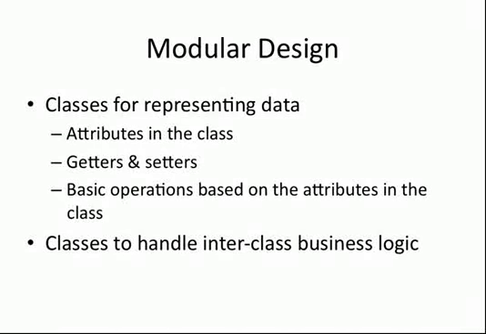We would have some getters and setters in these classes so that we can access these attributes. The third thing is that we need some basic operations based on the attributes in this class. The second part is that we would have some classes that are used to handle inter-class business logic.